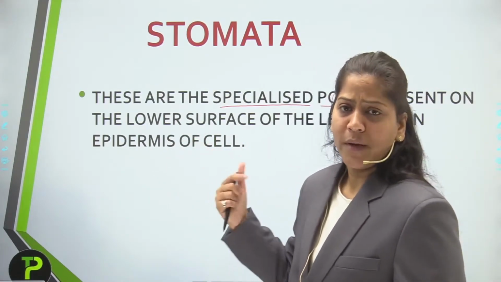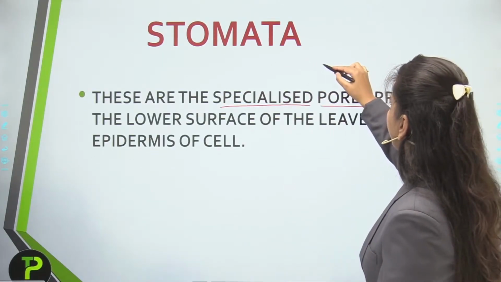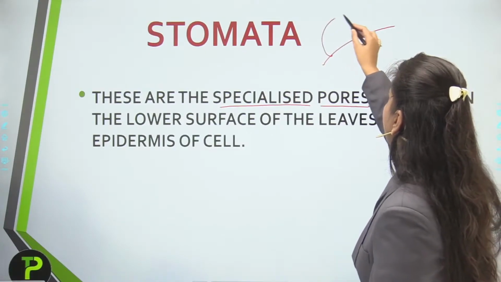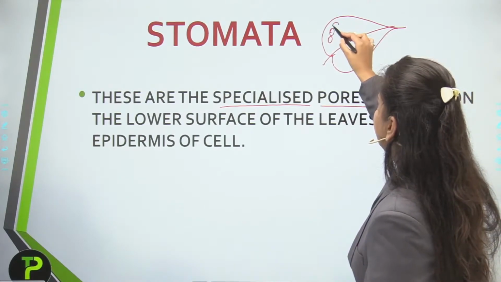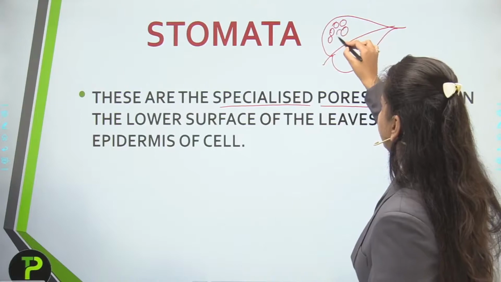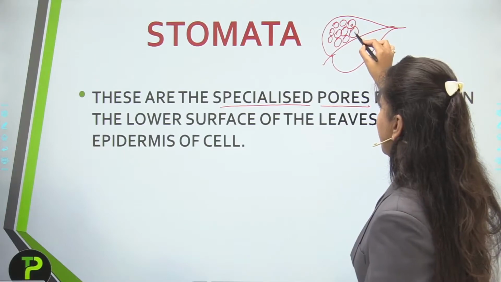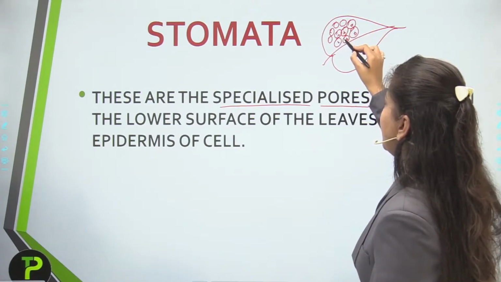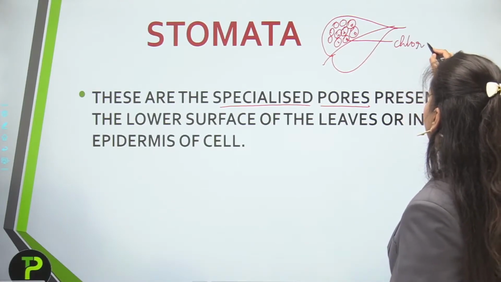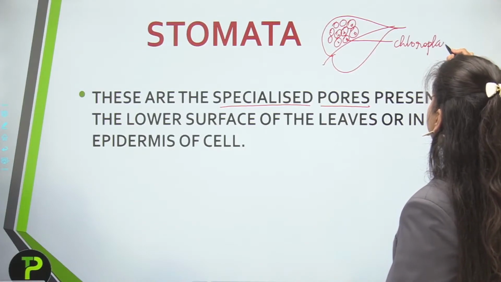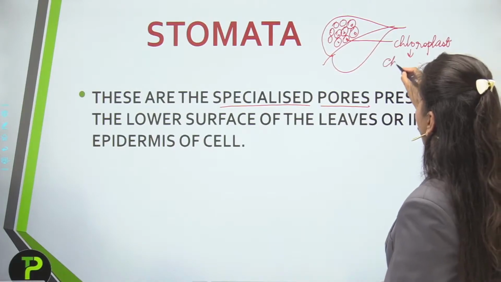Where are these stomata present? Suppose here is a leaf. The leaf contains many cells. In these cells there are chloroplasts containing chlorophyll.